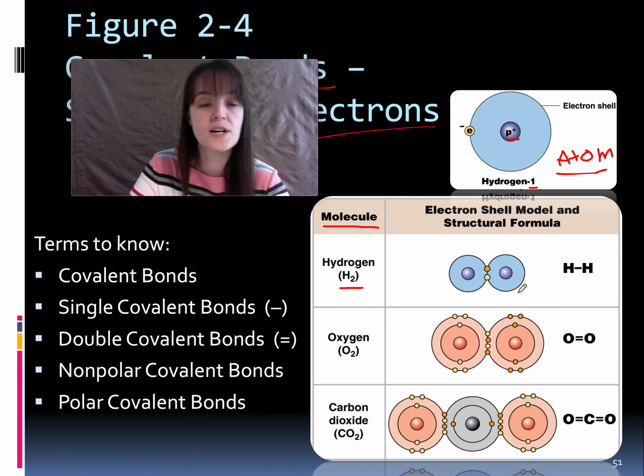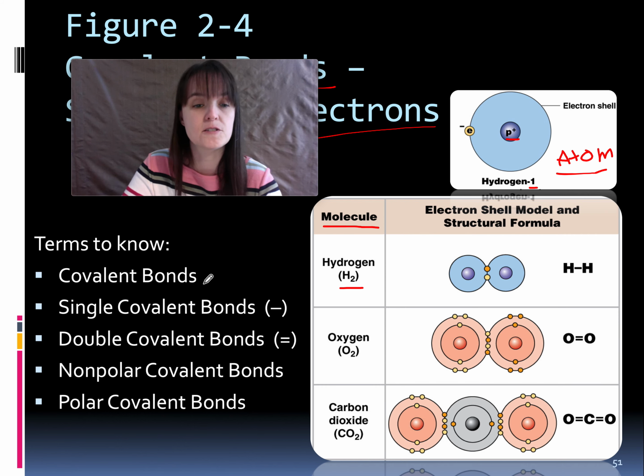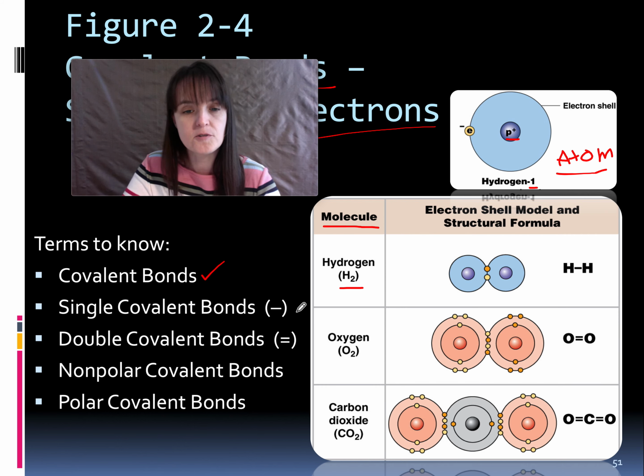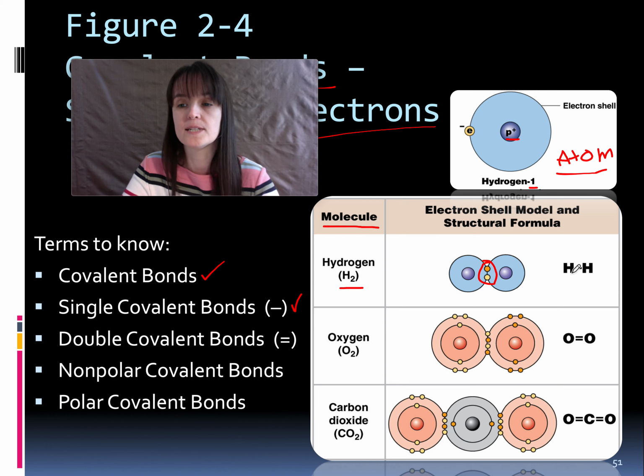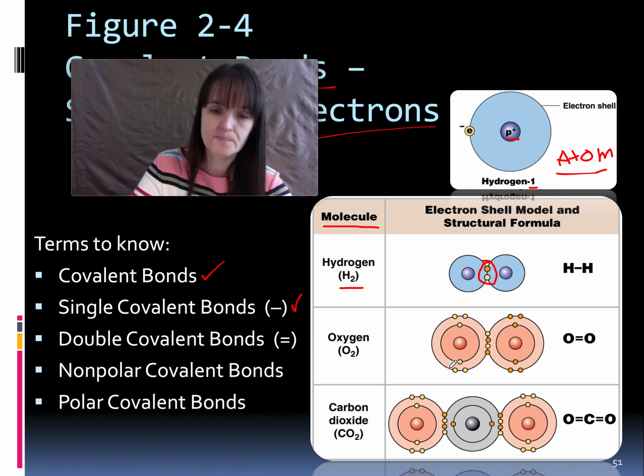Covalent bonds share electrons in the valence shell. A single covalent bond shares 1 pair of electrons, and it's written with a dash or minus sign. So here you can see we're sharing 1 pair of electrons in this hydrogen molecule, and that's written capital H dash capital H, meaning hydrogen.